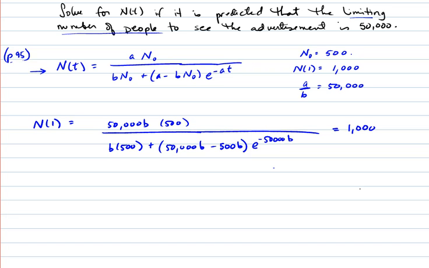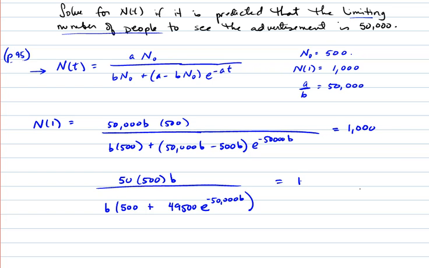We'll divide by 1,000 to make our numbers a little smaller, and I'm going to factor out a b everywhere here as well. So we have 50 times 500 b at the top, and at the bottom I have b times 500 plus 49,500 e to the minus 50,000 b. Okay, and that's equal to 1.